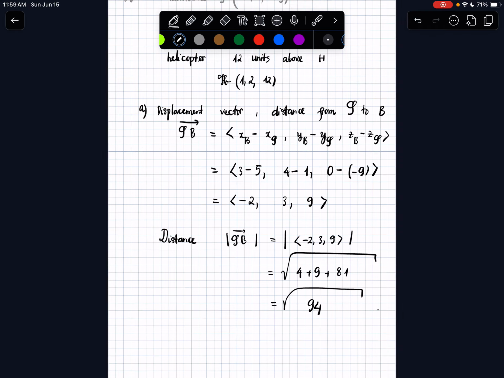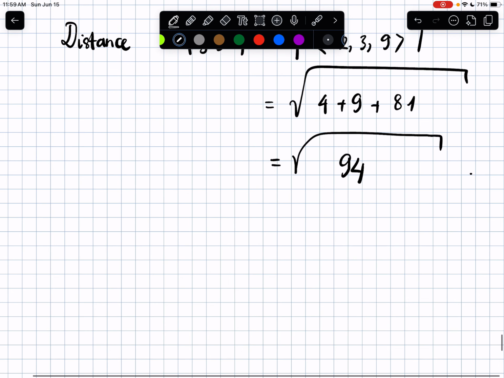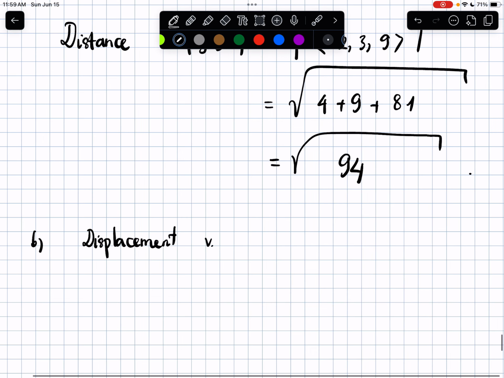The second question is find the displacement vector and distance from the helicopter to the boat.